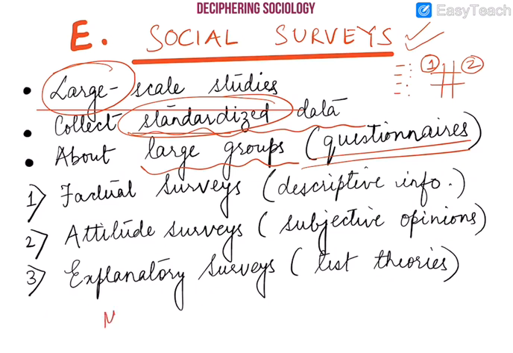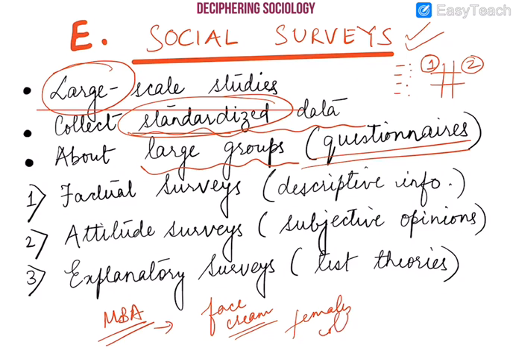For example, if a researcher, or let's say a marketing or MBA graduate, he or she has to find out what type of face cream females of a particular college are using or applying.